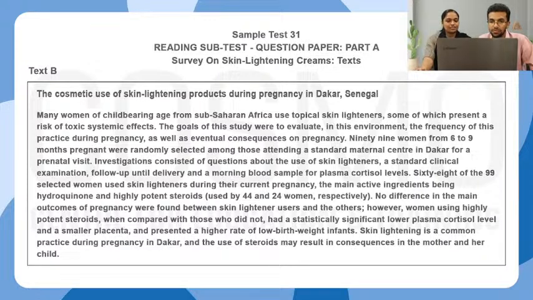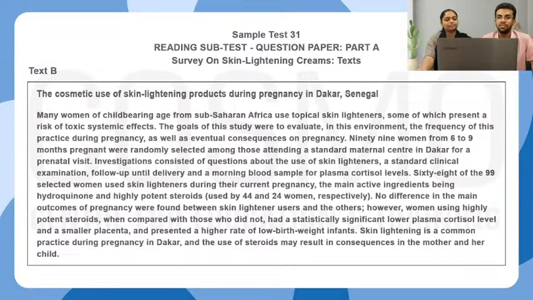So what kind of skin lighteners are they using? Are you able to find out the answer? Any responses?